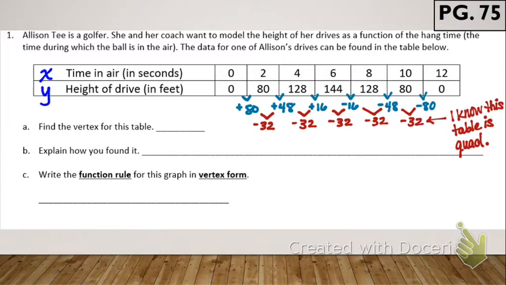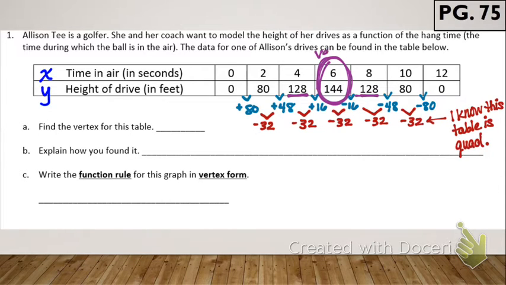Do you guys remember when I pointed out on this table where it stopped getting bigger and bigger and started getting smaller and smaller? Where did that change happen? So that's 6 and 144 right here. On either side of it, the y values are exactly the same, right? This is the tipping point where it changed directions.